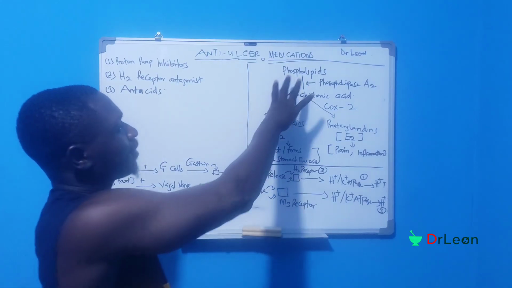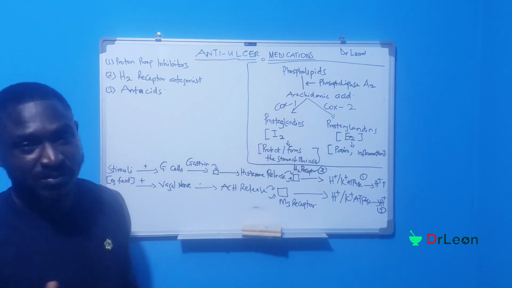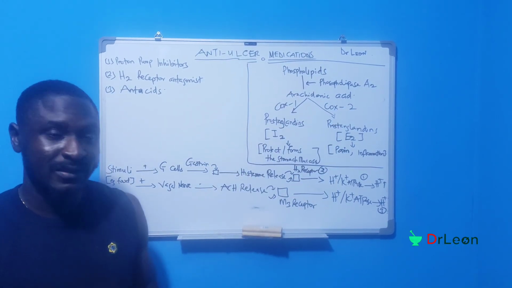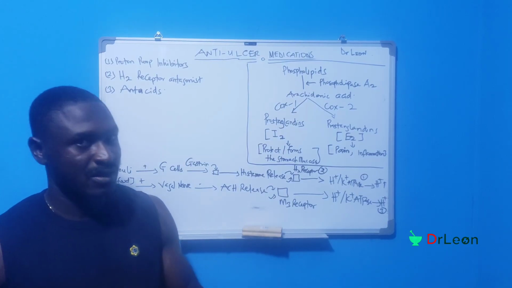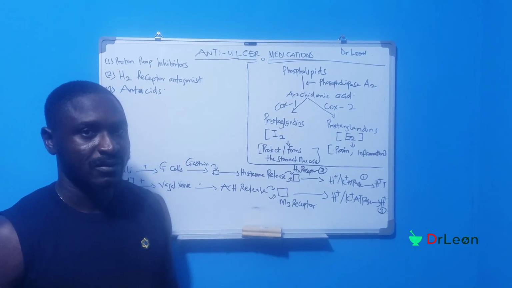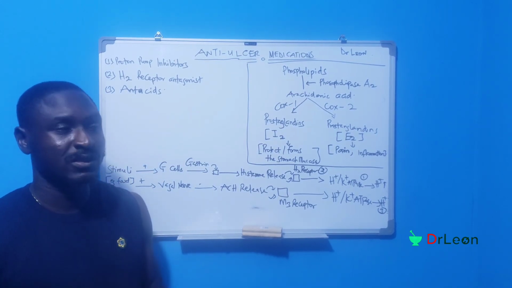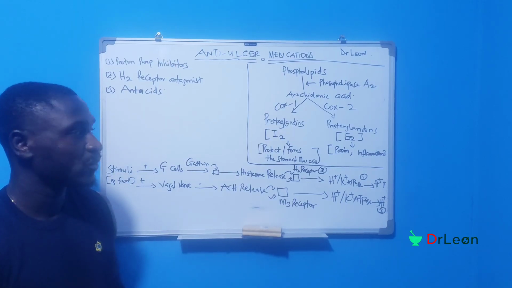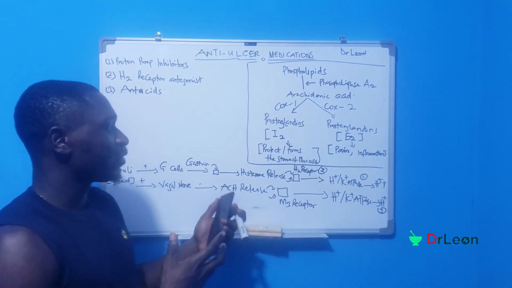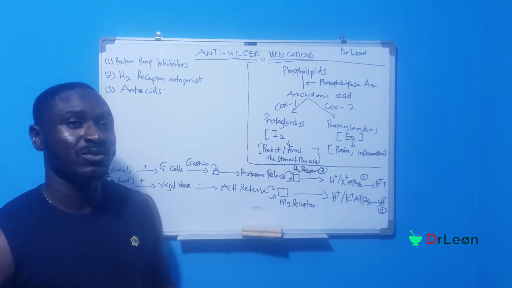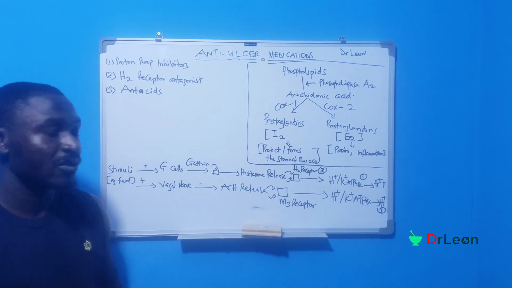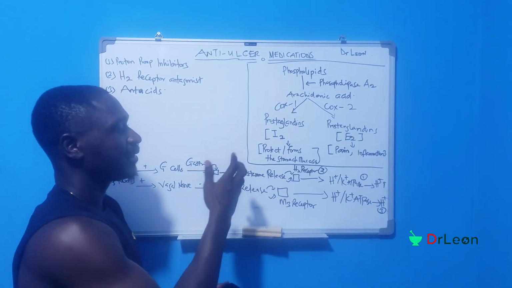So this pathway is simply trying to explain to us, 1, how NSAIDs work, or how they cause ulcer. 2, prostaglandins protecting mucosa, or prostaglandins that protect the stomach mucosa.